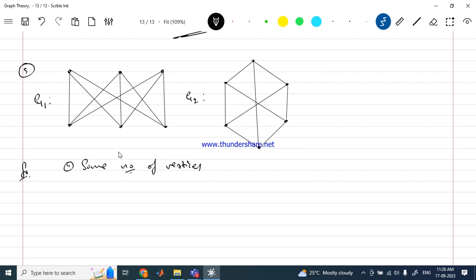Six vertices here, same number of edges, and both are three-regular graphs.